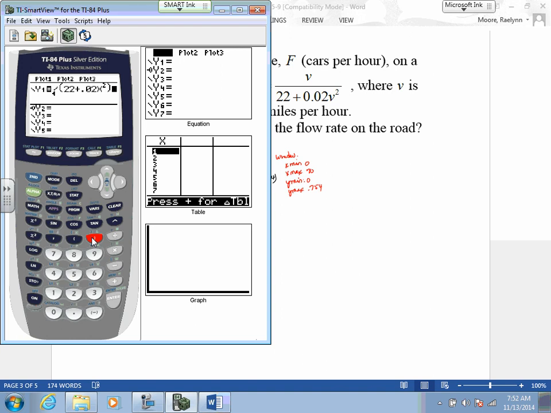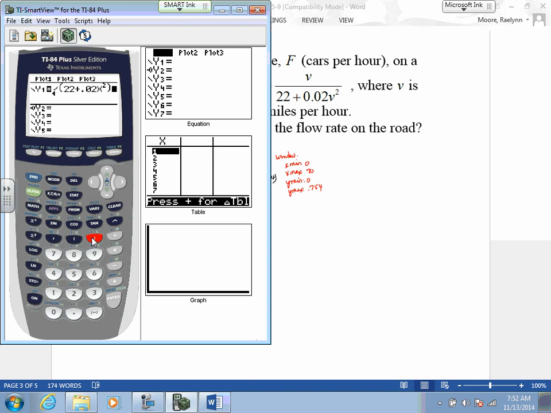Now this says on any given day the flow rate, F, is cars per hour on a congested roadway, where V is the speed of traffic in miles per hour. That's your X. X is your speed, your miles per hour. What speed will maximize the flow rate?